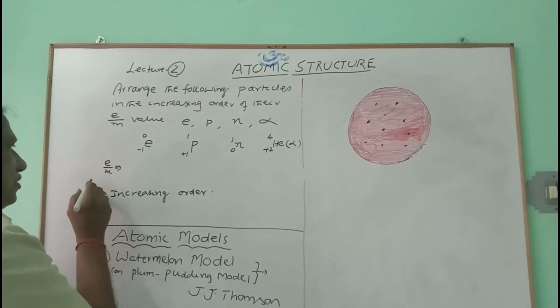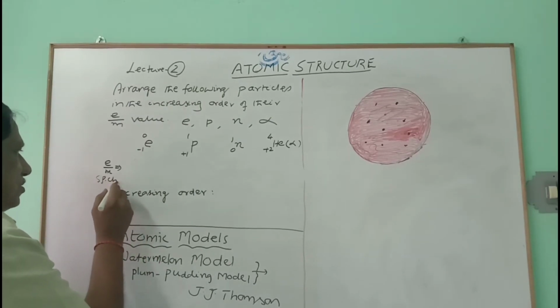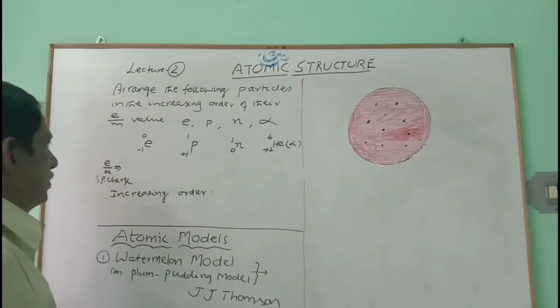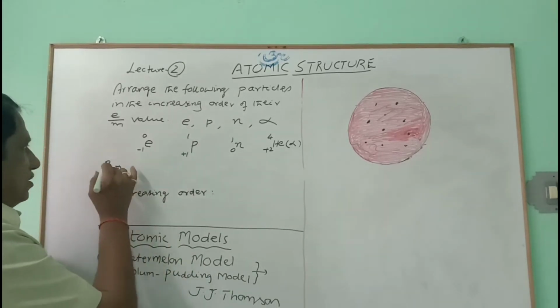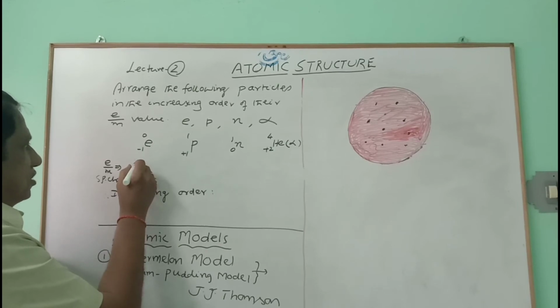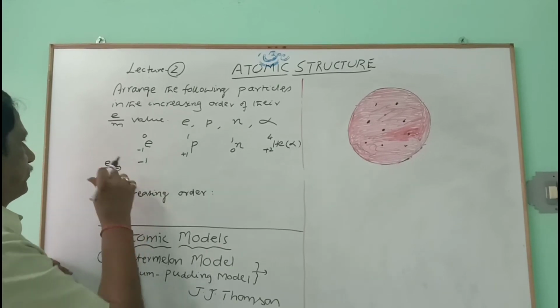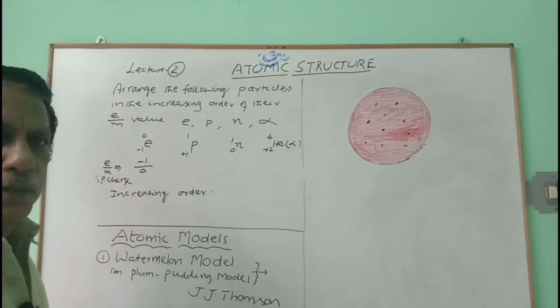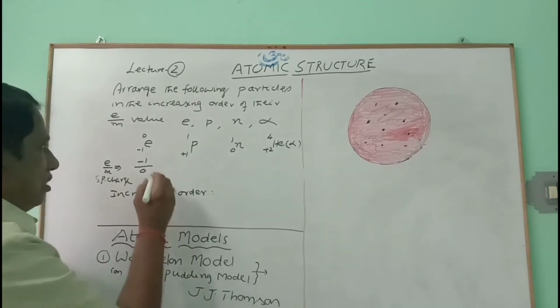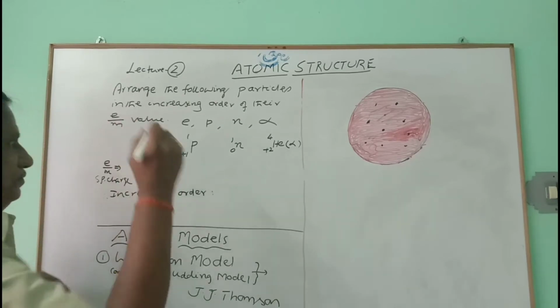e/m is nothing but specific charge. In the case of electron, the charge is minus 1 and mass is 0. When something is divided by 0, the value is infinity.